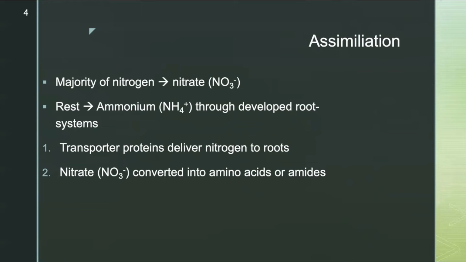Transporter proteins in these systems actively deliver the required nitrogen molecules to the roots. Concurrently, nitrate is quickly converted to amino acids or amides. So, for example, also organic nitrogen, which diffuses up into the plant via the roots.